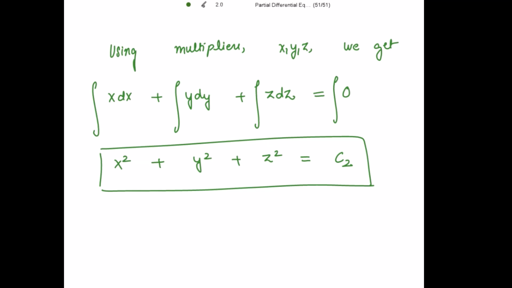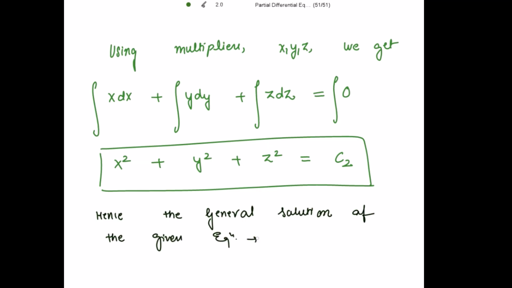So hence the general solution of the given equation is, what is the way to write the general solution? It is f of c1, c2 equal to 0. This is the first solution and this is the second solution.